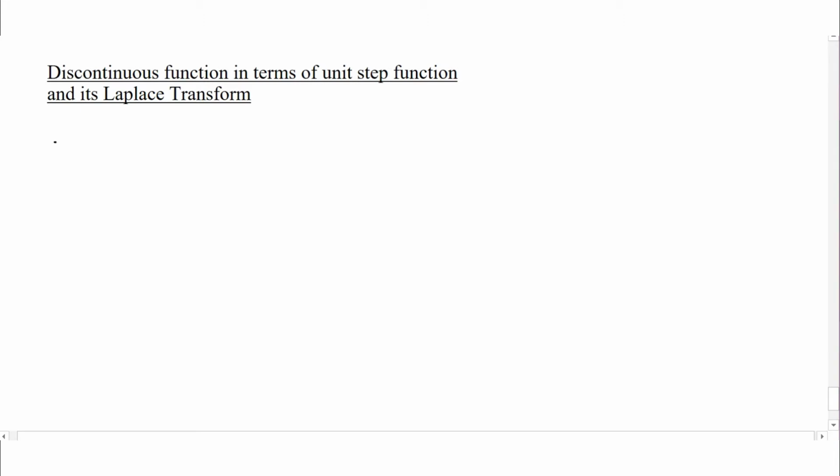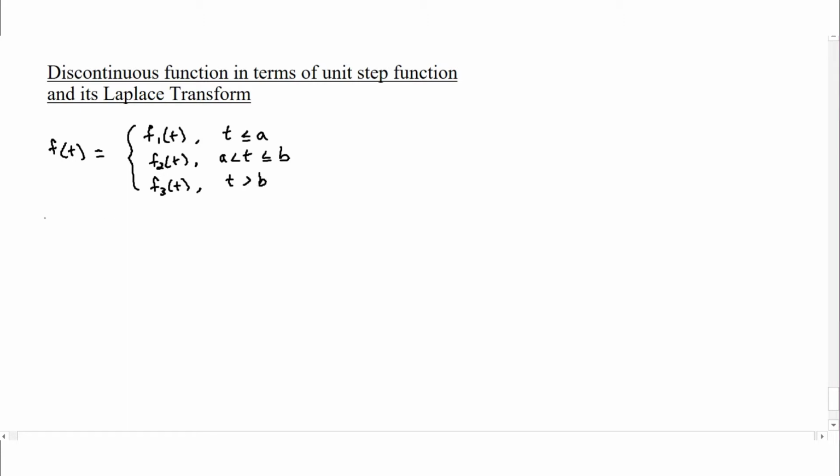The property for a discontinuous function that I had given: f of t is equal to f1 of t, where t is less than or equal to a; f2 of t, where t lies between a and b; f3 of t, where t is greater than b.